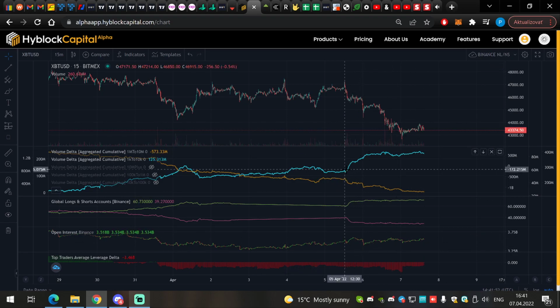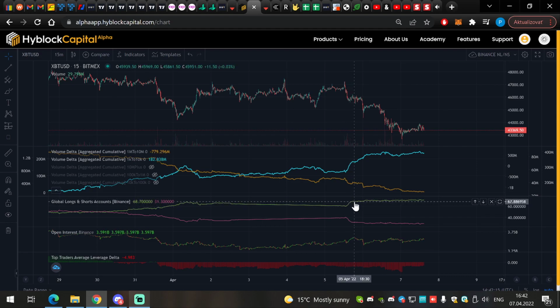How do you know the retail is longing here and not shorting here? Because this is CVD. You can also watch open interest, for example. On multiple exchanges we use aggregated, and also Binance, but I watch Binance here. You can see that open interest was rising globally, so people were building longs, especially these smaller traders. Look here at how the change of ratio happened.